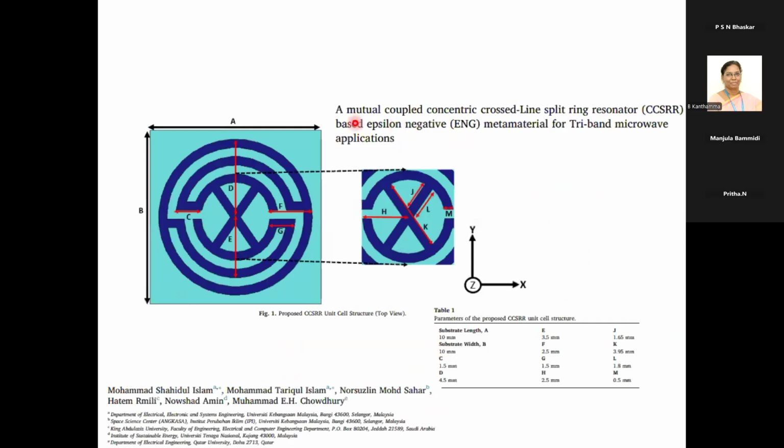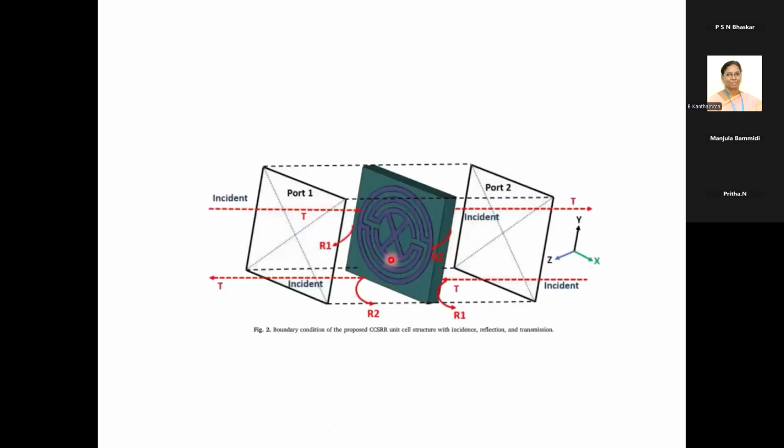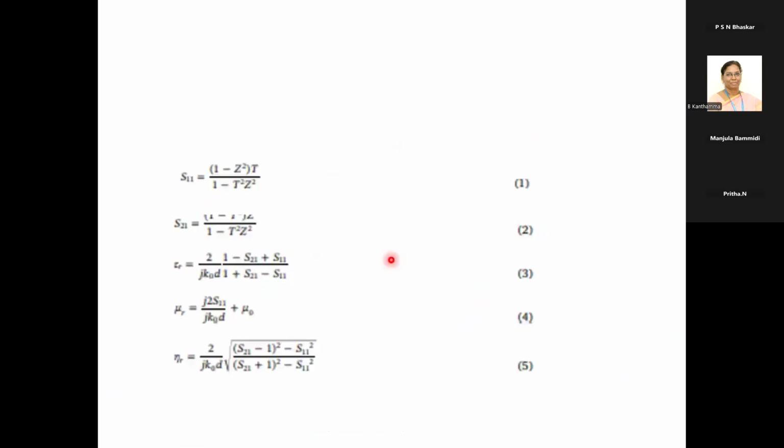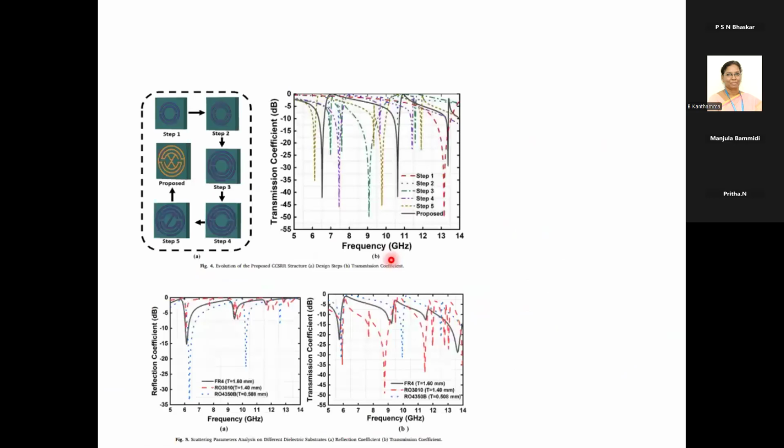This is one more structure, a mutually coupled concentric cross-line split-ring resonator based on an epsilon negative material for tri-band microwave applications. It has triple band absorption. This is the unit cell and these are the parameters. If you want multiple resonances, the basic one is a split-ring resonator, which will have a single resonance.